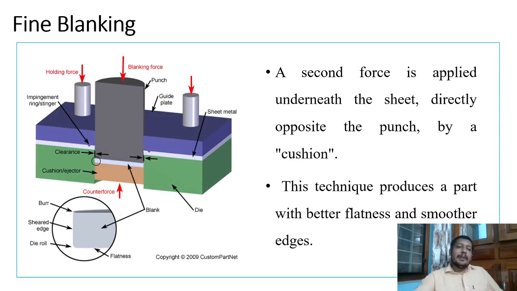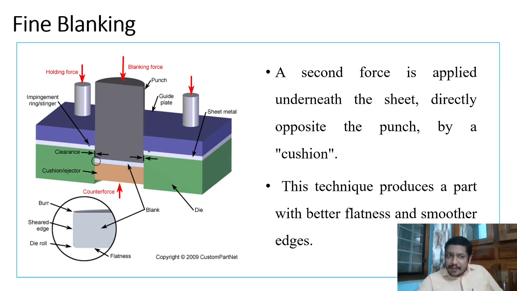The next operation is called fine blanking. The difference between blanking and fine blanking is that when you apply a larger amount of force on a sheet, the sheet will get deformed in a faster manner. But the edges of the sheet may not be uniform, or they will vary, and some bends, cracks or wavy edges may be present.